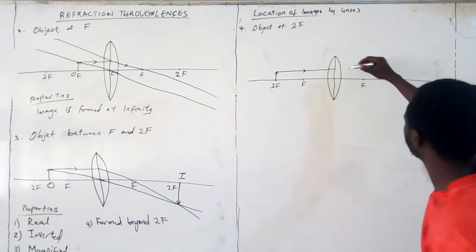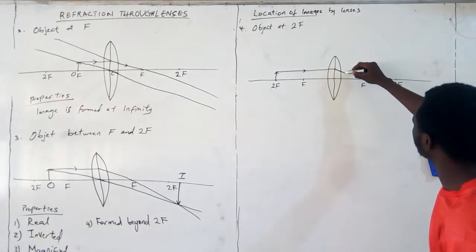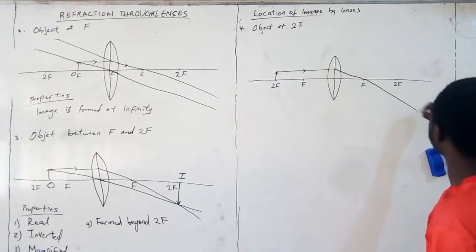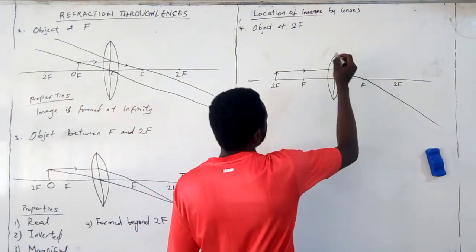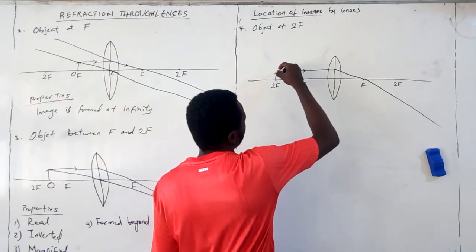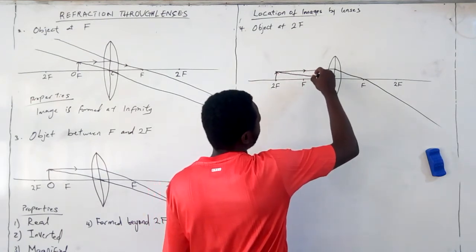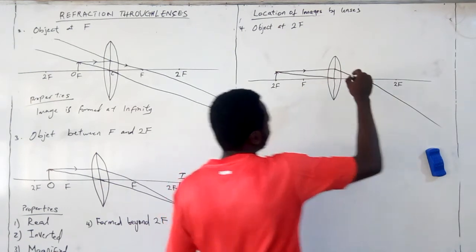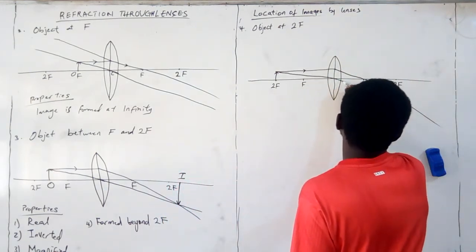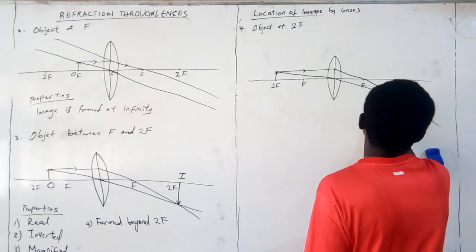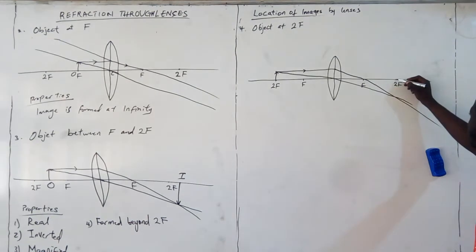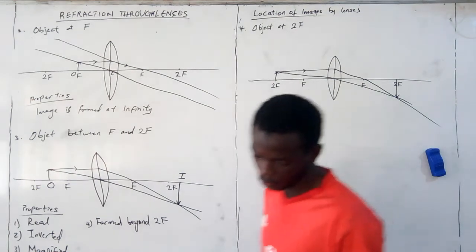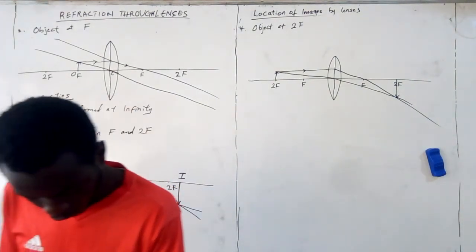We cross this way, then again from the top of the object, pass through the center. So this is where the image will be formed.